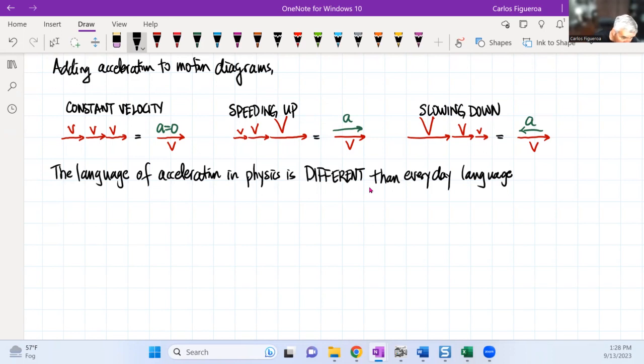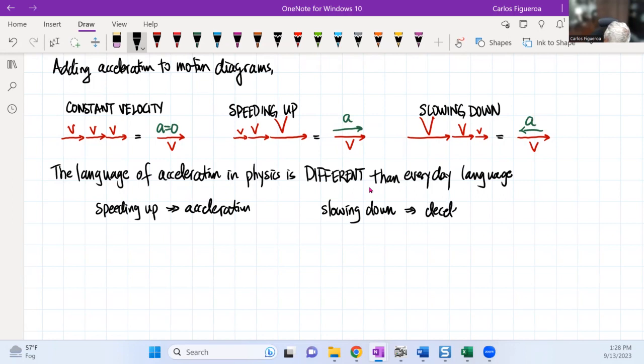So what do I mean by this? If we are speeding up, we call this acceleration. If we're slowing down, we call this deceleration. Now, I'm not saying that that's not correct, and everyday language is definitely correct, but that is not how we define acceleration in physics.